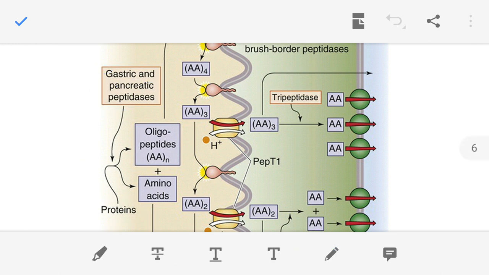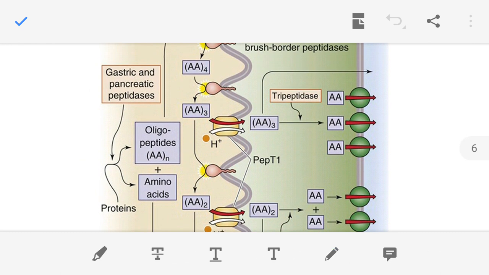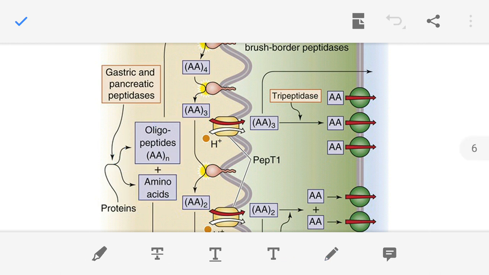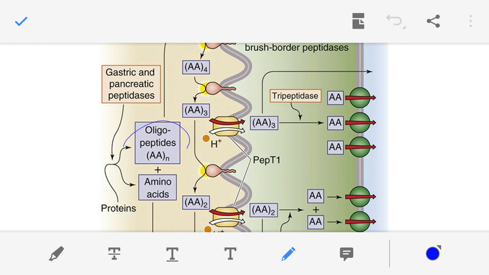So now the protein is digested, and from the protein there is a formation of oligopeptides. Oligopeptides are the larger peptides, and then there is the removal of amino acids. So protein is digested, oligopeptides are formed, and amino acids are released.